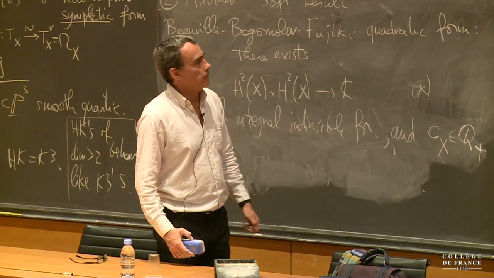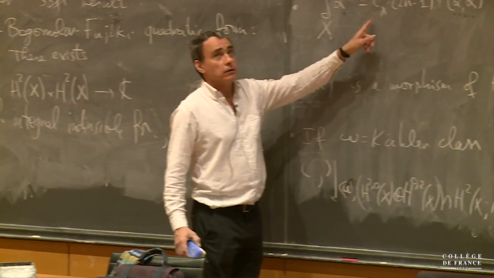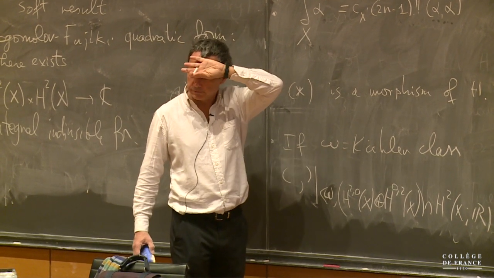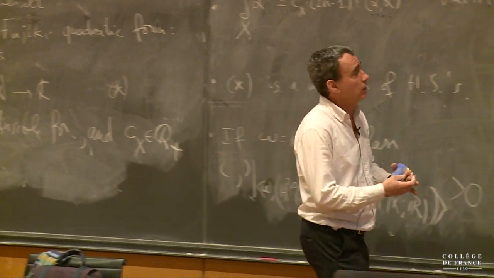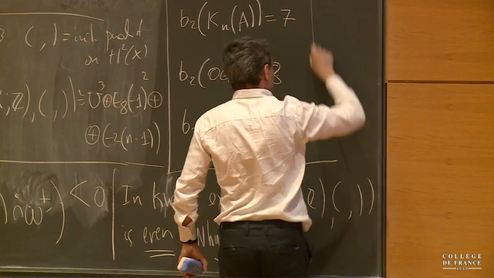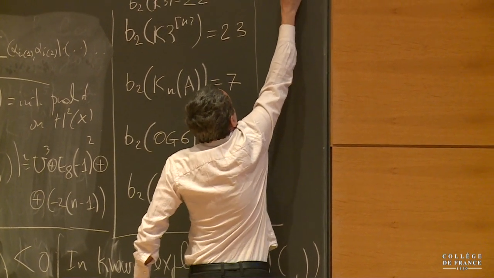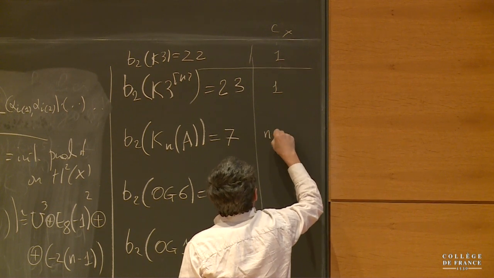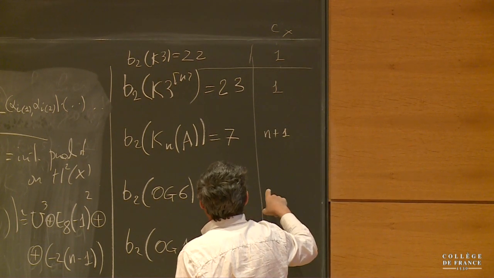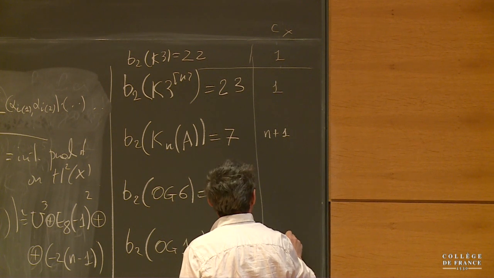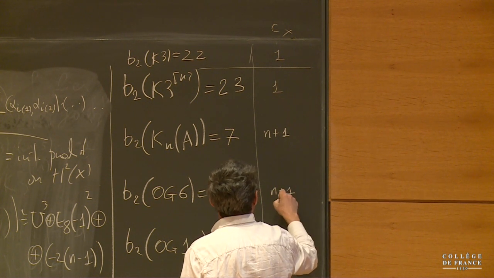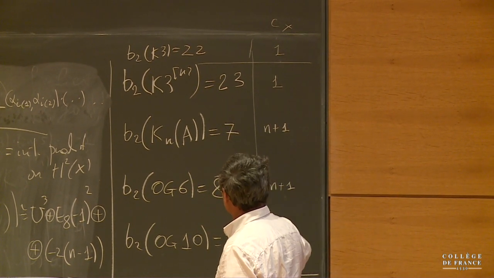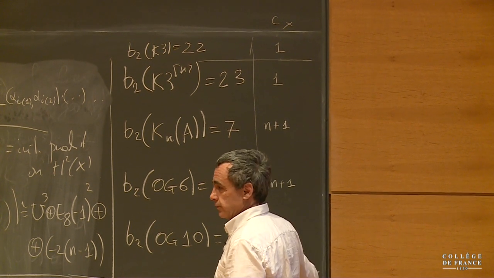In the way I've written it here, in the known examples, it's always an integer, actually. Of course here it's 1, here it's n plus 1, and I'm not so sure about these others. I think they are the same as what you think of these as, but I would have to check.